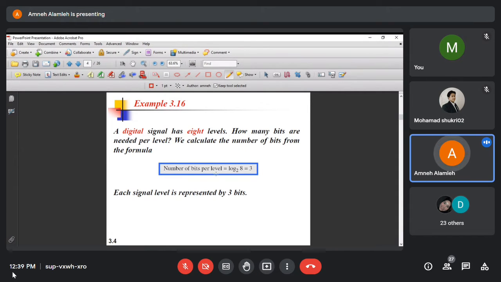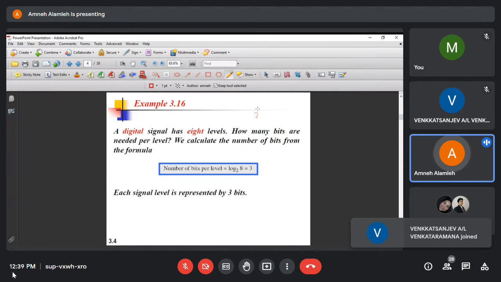Number of bits per level equals log 2 of 8, which is equal to 3. 2 to the power 3 is equal to 8.